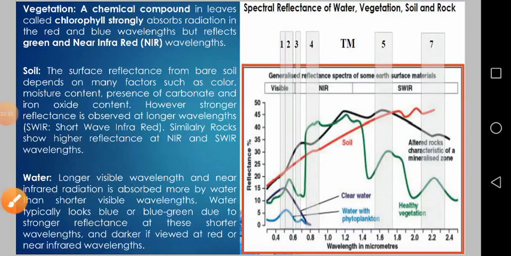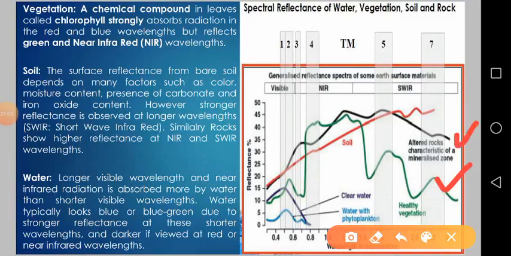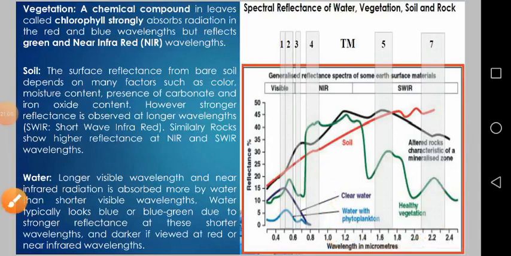Now the interesting fact here is that different spectral response curves are plotted. For example, take the altered rock, indicated with the black curve.